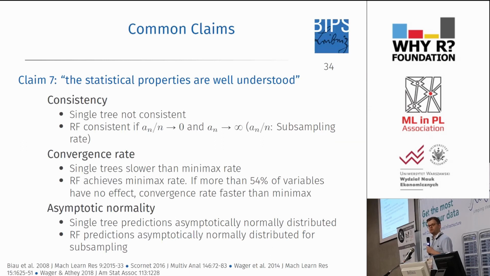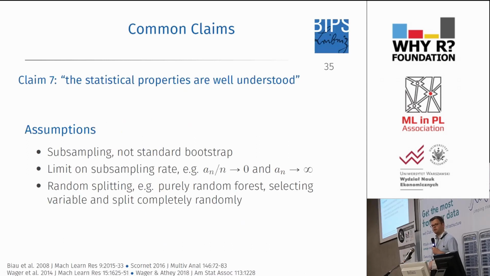You have results on asymptotic normality. If you're subsampling and not bootstrapping from the single trees, you can show that random forests have asymptotically normal predictions. However, you need some assumptions for that. First, you have to use subsampling or bootstrapping. You have to put a limit on your subsampling rate, which is often in conflict with the best prediction performance.